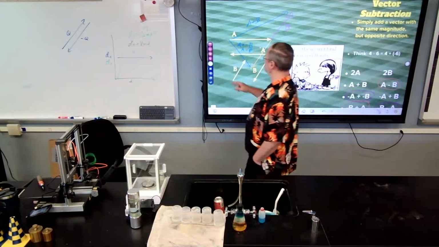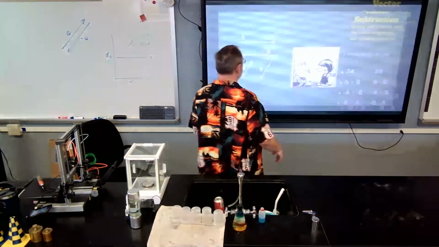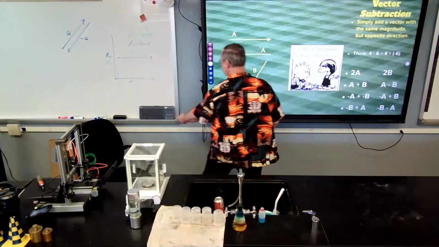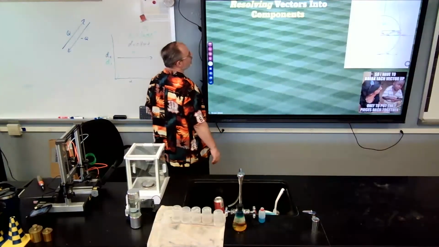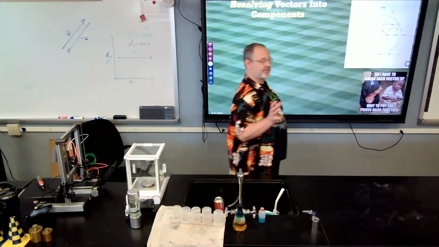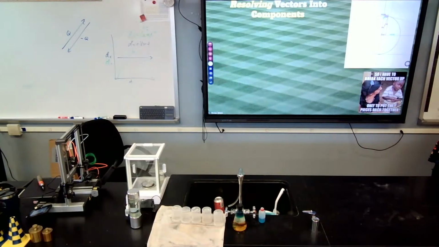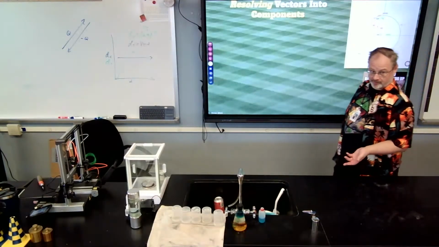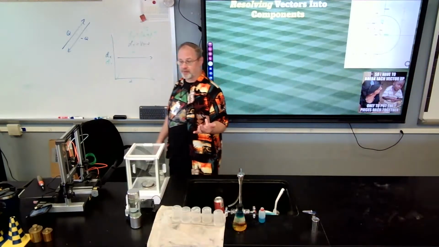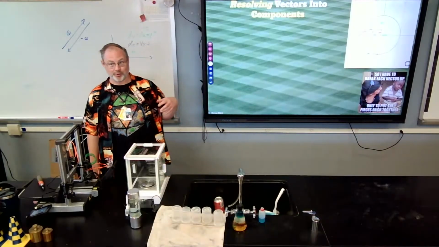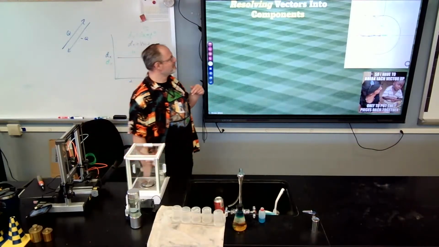All right, so that's vector addition. Again, graphical vector addition. When we need to actually get vectors quantitatively added, we have to break them into their components. And that's going to require a little bit of trig. Remember the triangle math activity that you were asked to do tonight?